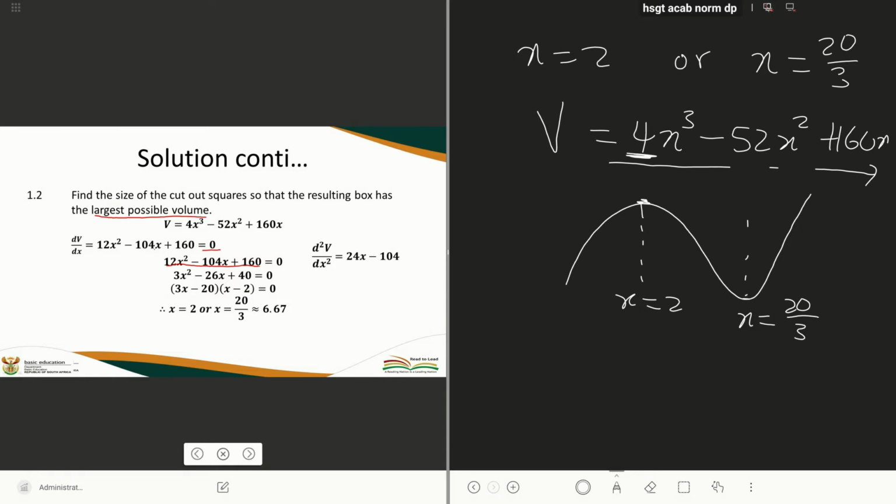Now, if you take the value of x, which is 2, and substitute it into this expression, we'll clearly see that this will give us a negative value, meaning that at x equal to 2, the second derivative is less than 0, which means that you have a maximum volume at x equal to 2. If you substitute approximately 6.67 there, you are going to get a positive value, and that means you have a minimum, which corresponds to the other question that we looked at on the other side.